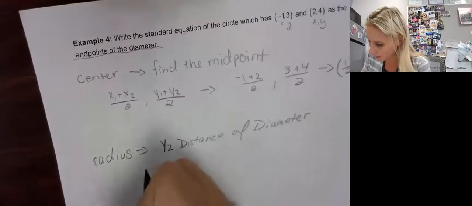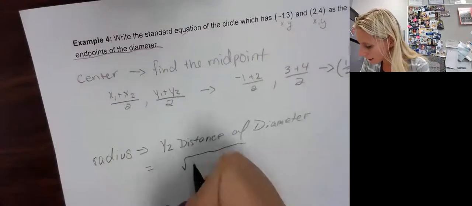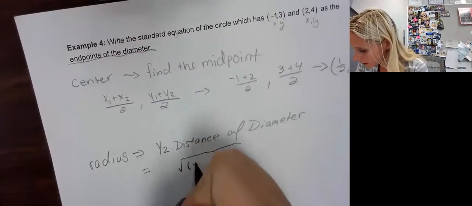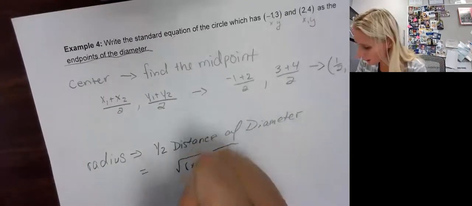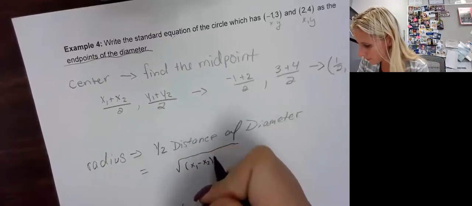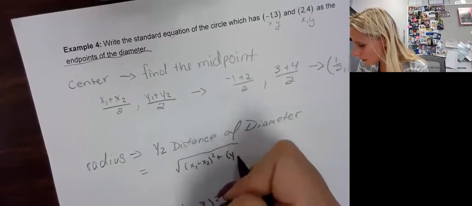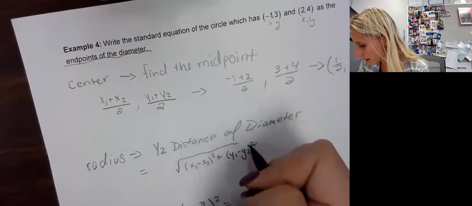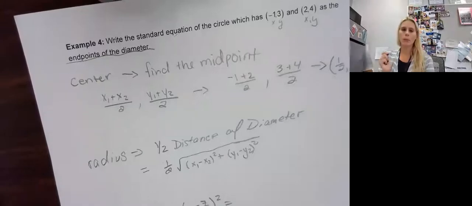Well, let's keep in mind the distance formula is x1, or we could go either way. Either way is fine because we're squaring it. x1 minus x2 squared plus y1 minus y2 squared. And remember, in this case, we're taking half of it. So I'm going to multiply it by half.